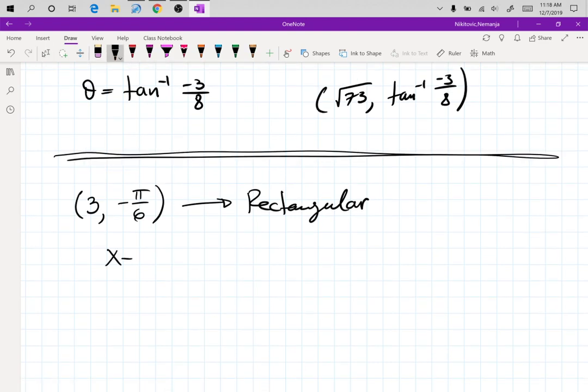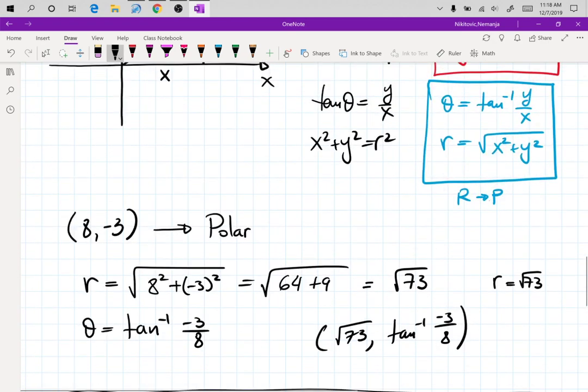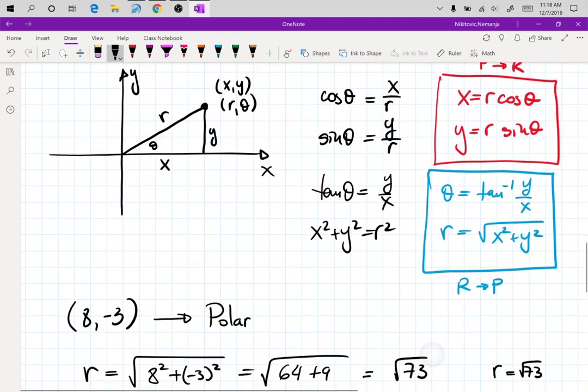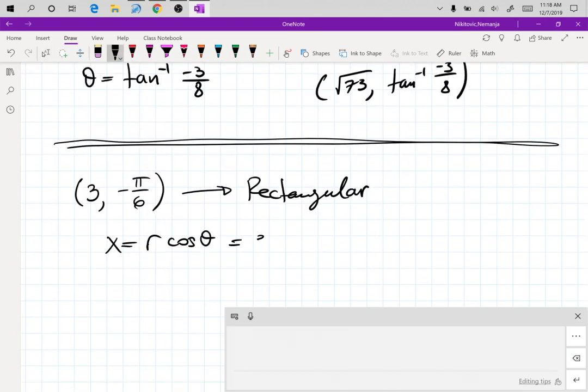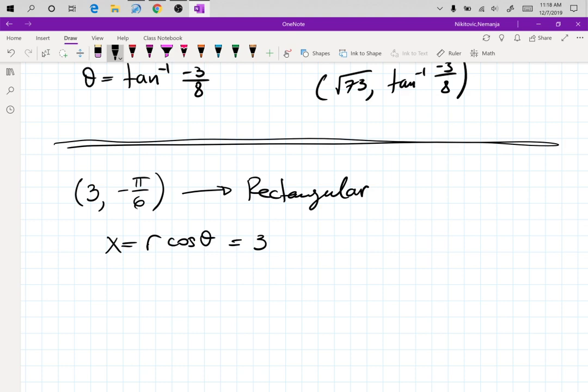Okay, x is equal to r cosine theta. That's what we learned in a red box up there with the conversion factor. So r is 3, and we need the cosine of negative pi over 6.